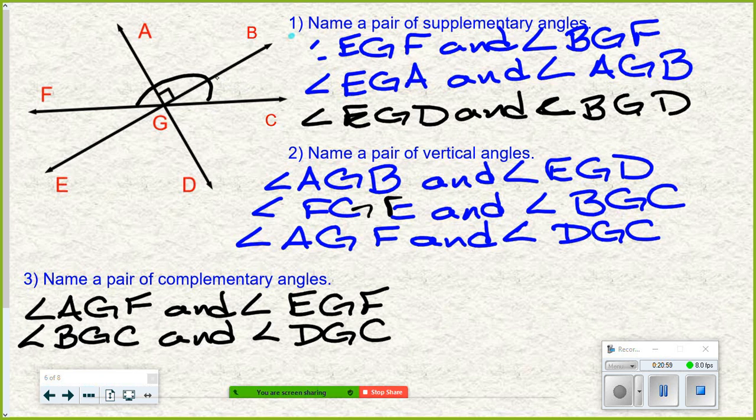I could split it into this piece and this piece. And wouldn't those two pieces add up to 180? So this piece right here is BGC. This piece right here is FGB. So you're just taking a 180 degree angle and splitting it into two pieces. That's all.